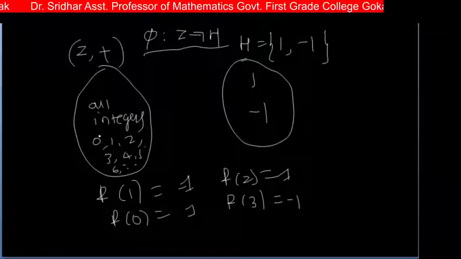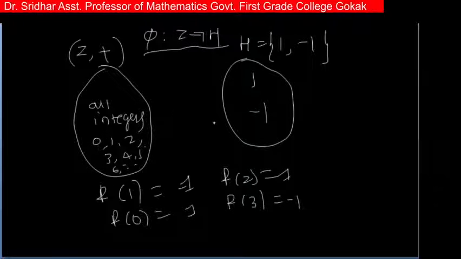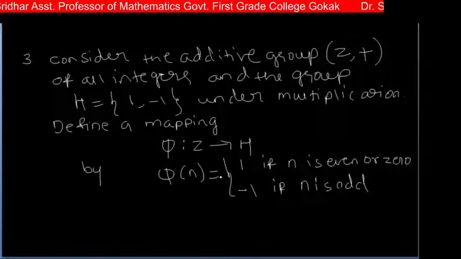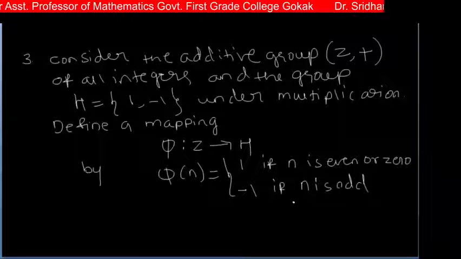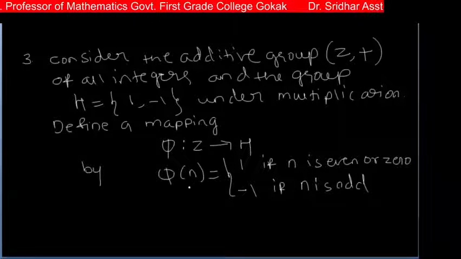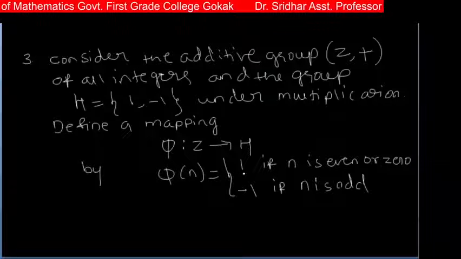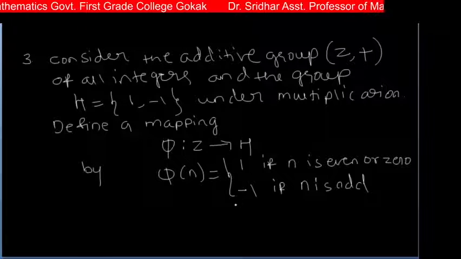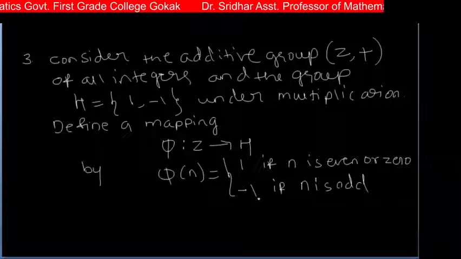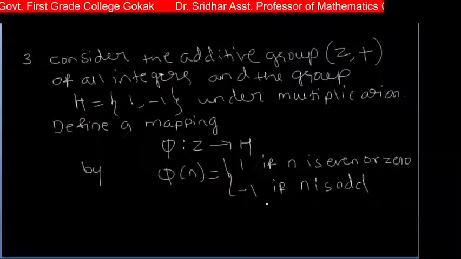So how are we assigning? We are assigning by this rule. What is the rule? The rule is, if n is even or 0, then assign that element 1. If n is odd, then assign that element minus 1.